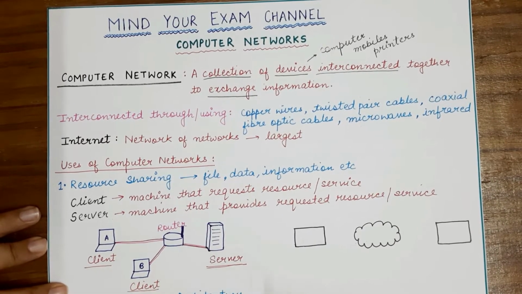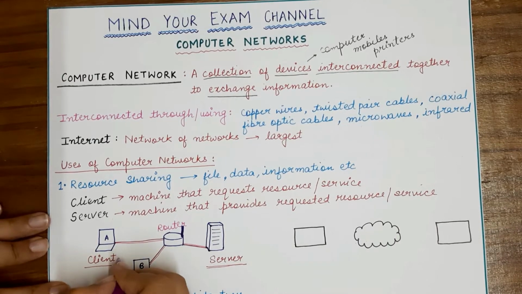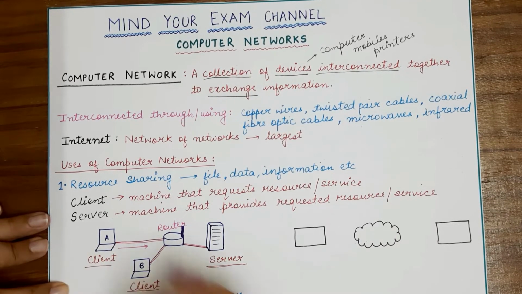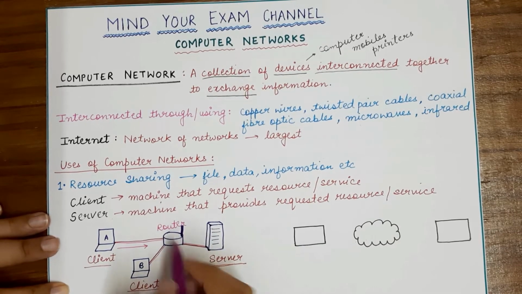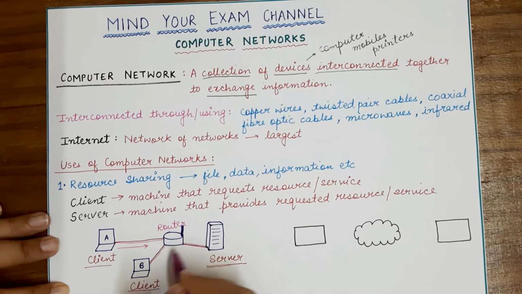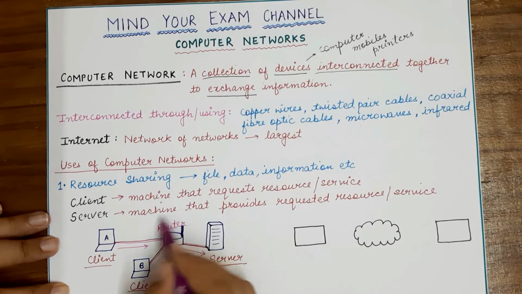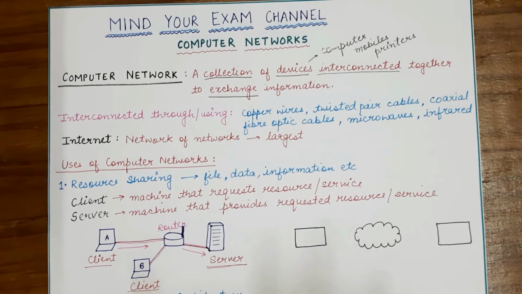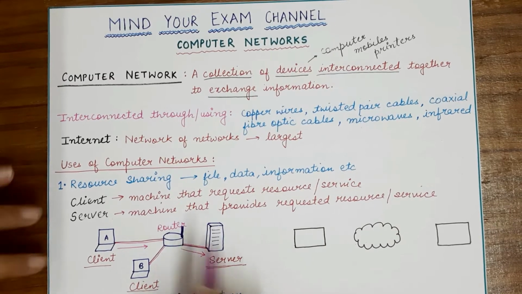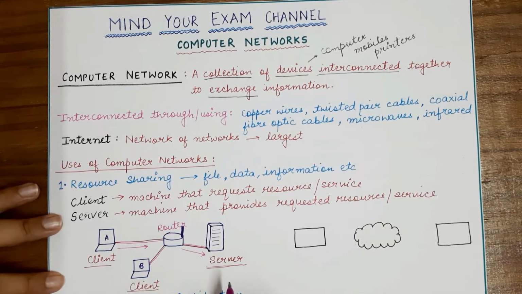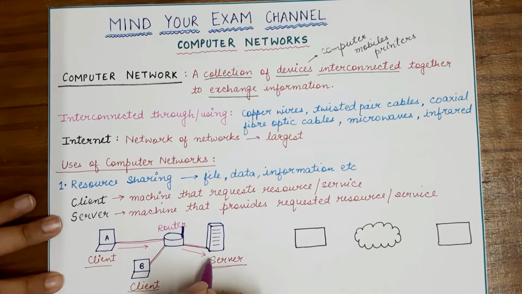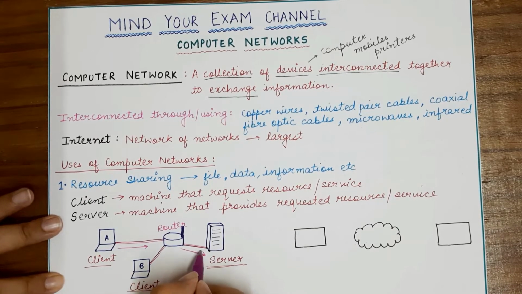So what happens in a client server architecture? Some request is sent by the client, and it goes through the network. In this case, only the router is present as an intermediate node between the client and the server, but in actual life, a large collection of intermediary nodes can be present between the client and server. So the request travels from the client, goes through all the devices present between the client and the server, and reaches the server.